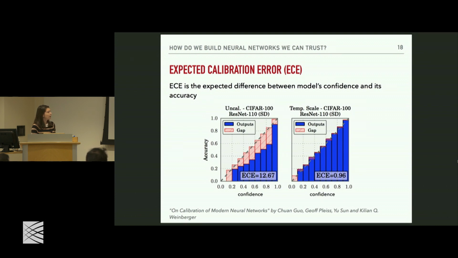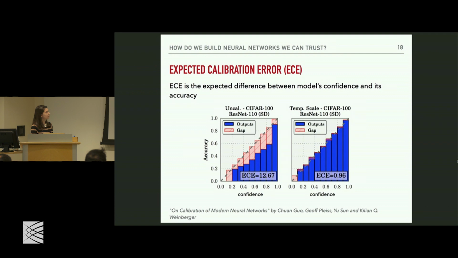And then for a particular bin, let's say the bin where we have all the inputs that have prediction confidence between 0.6 and 0.7, we expect the accuracy to be somewhere between 0.6 and 0.7. And that would connect the confidence of the model and the actual accuracy on that subset of the data.